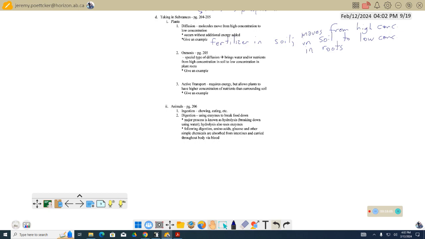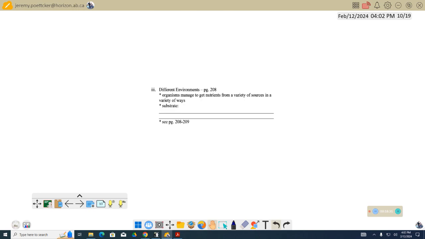Following digestion, the amino acids, the glucose, the lipids, the RNA and DNA are absorbed from the intestines, carried throughout the body via the blood to where they end up being needed. So with plants, it's diffusion, osmosis, active transport. With animals, it's both ingestion and then digestion to get the nutrients that they need.